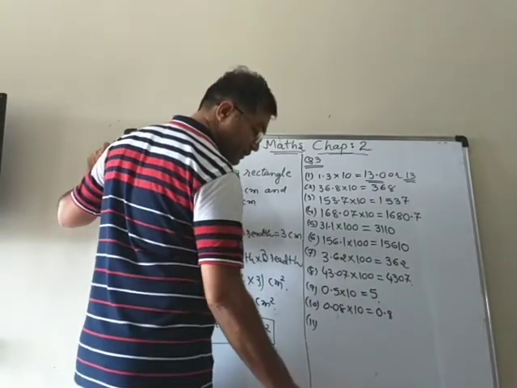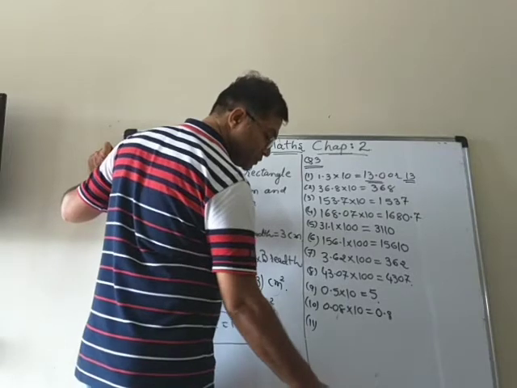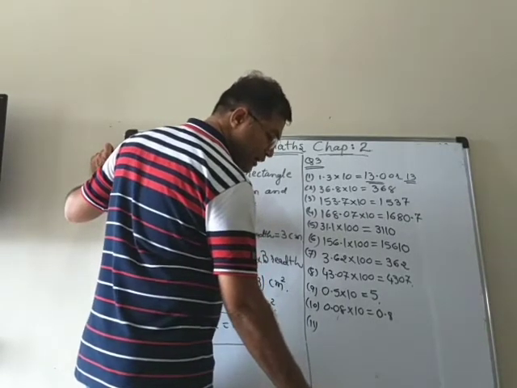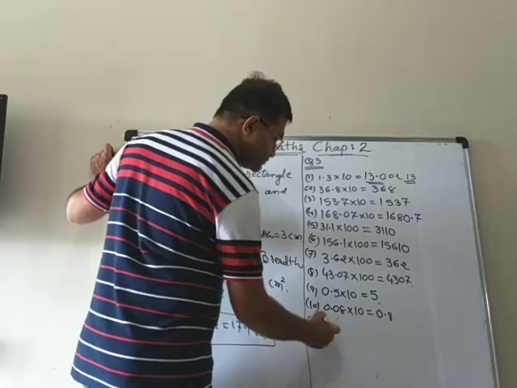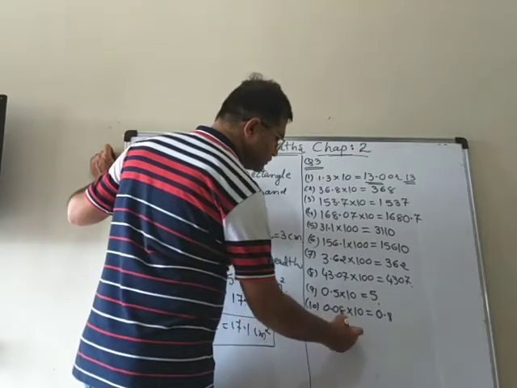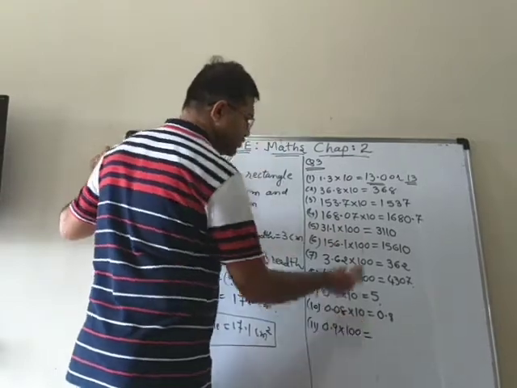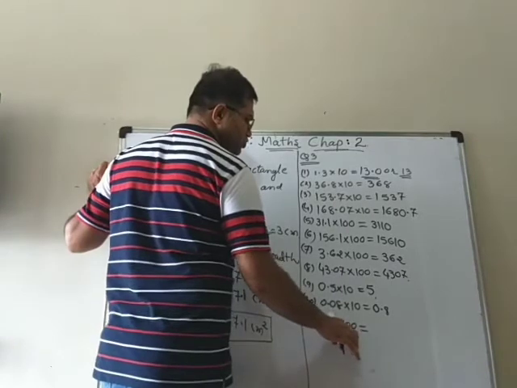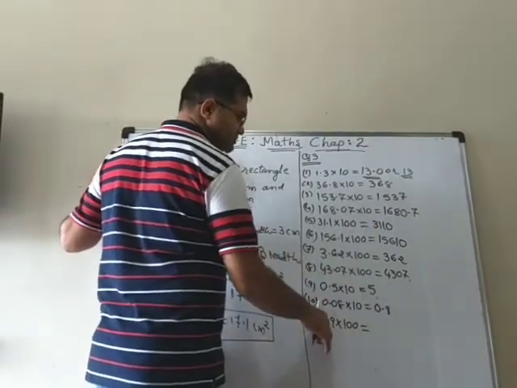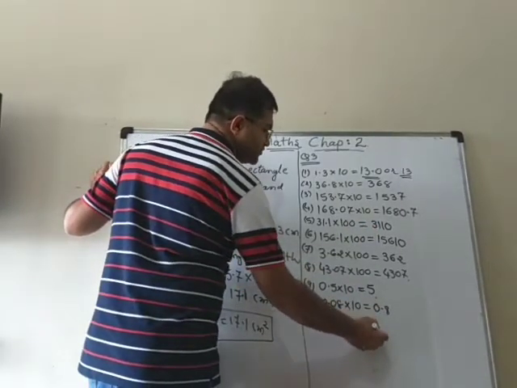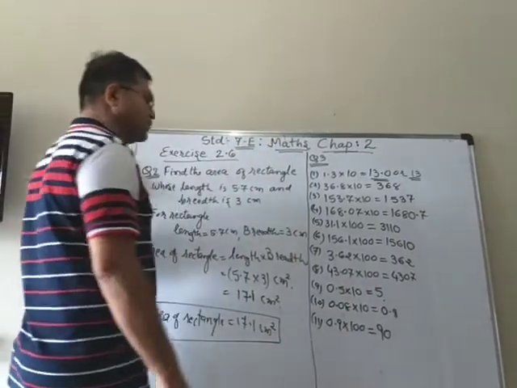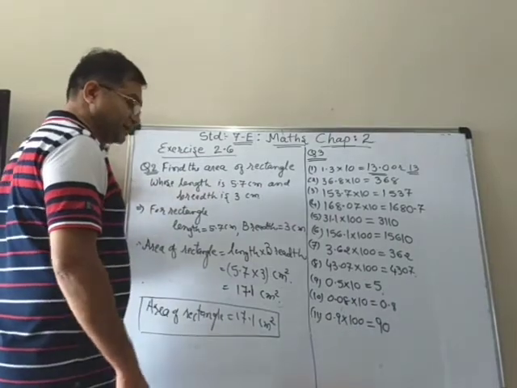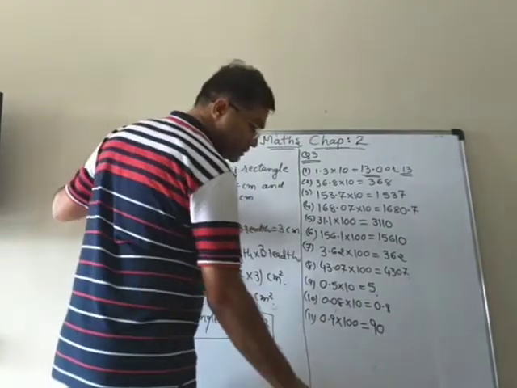Then the 11th one. 0.9 multiply by 100. Here you can see that here only one place, but here we have to move two places. So one place is missing, so we have to put 0 behind it. So answer is 90. 0.9 multiplied by 100 is equal to 90.